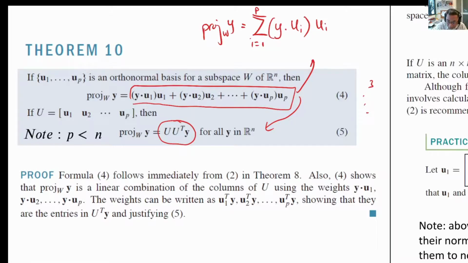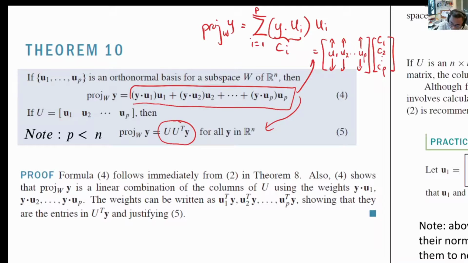You also can write it in this form, equals u1, u2, up multiplying by c1, c2, cp. This is the entry of Ci.